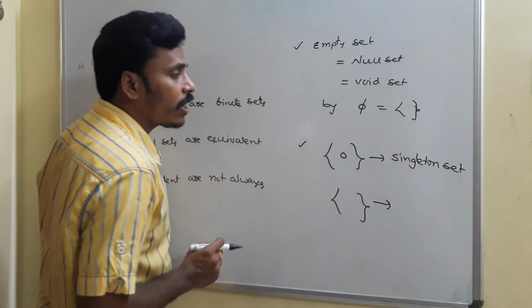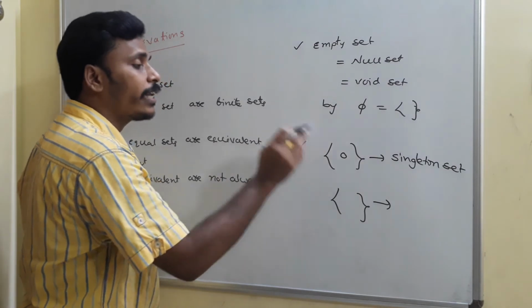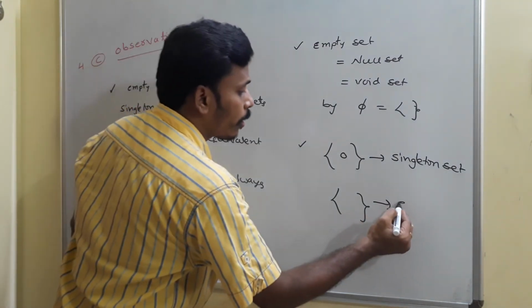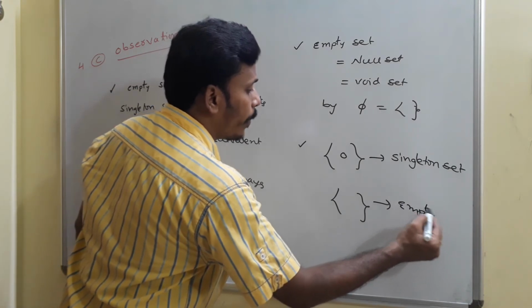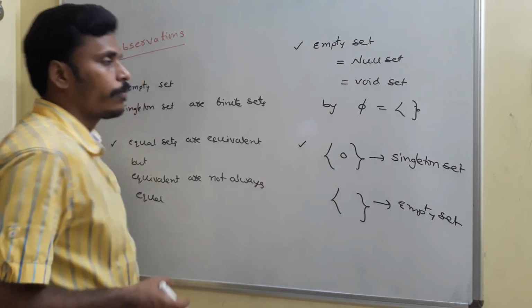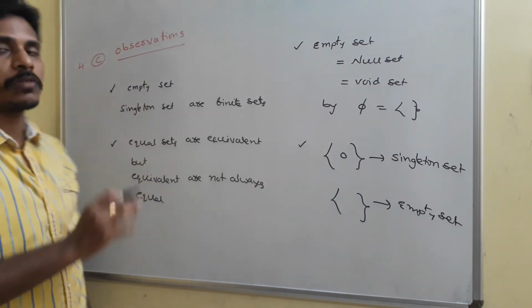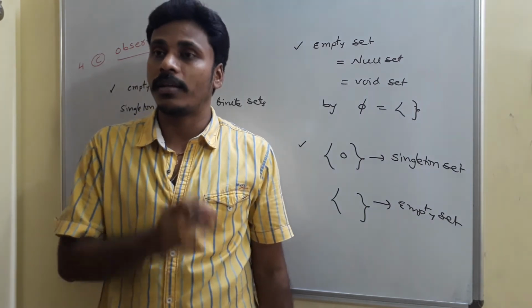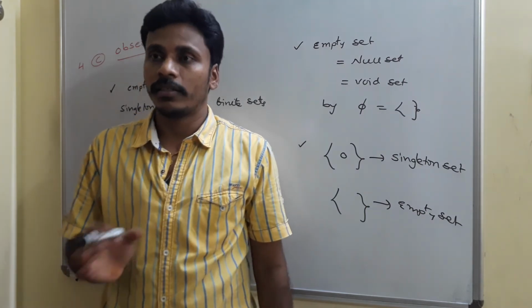This is a singleton set because it contains one element, and that element is 0. This is an empty set because it contains no elements. So don't get confused between these two. These are different observations related to the types of sets, and all those types are based on the number of elements in a set. Just have a look.